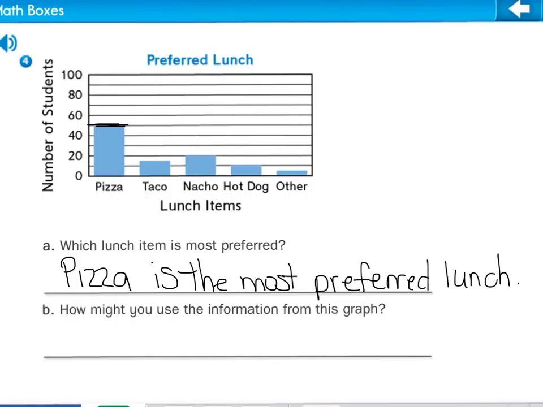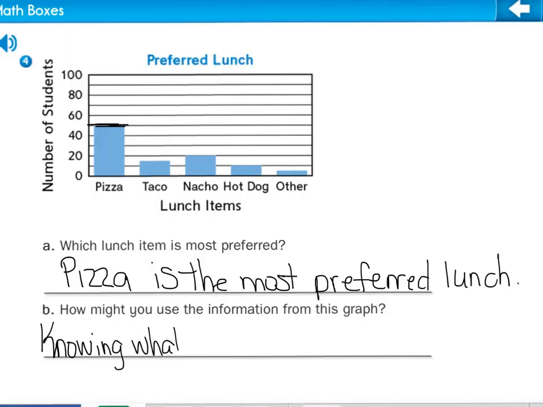B says, how might you use this information from this graph? And you could have many different answers here in this one. Something similar to knowing what to order for lunch. If it's a pizza day, you're going to order more lunches than, say, if it was a hot dog day or an other day. So it could be knowing what to order for lunch.